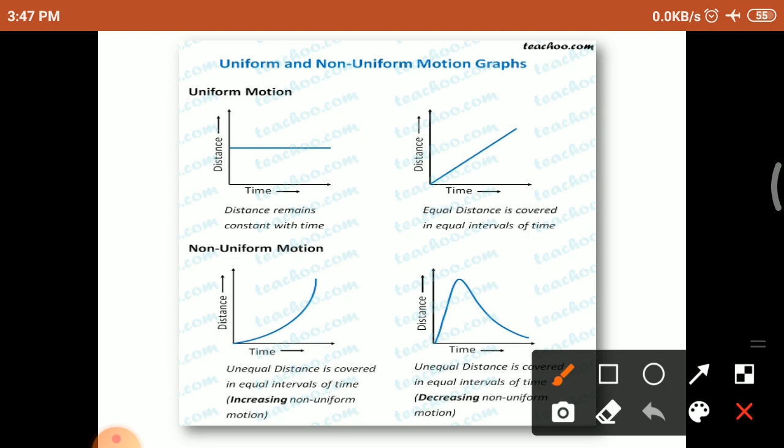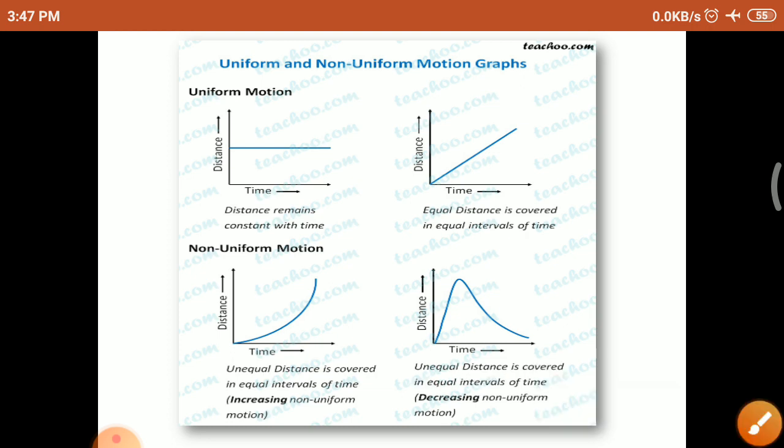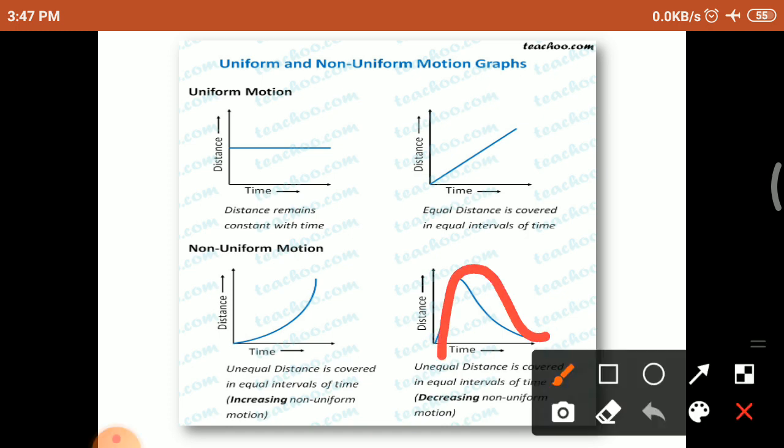Here unequal distance is covered in equal intervals of time, and we get a graph in this way. Maybe unequal distance is covered in equal intervals of time. Sometimes we get the graph in this way.